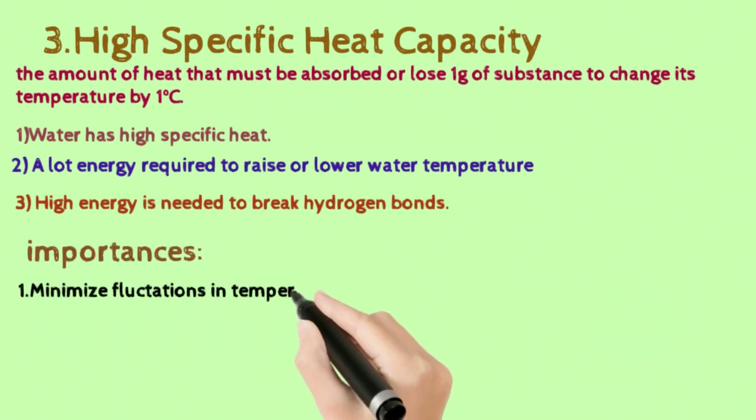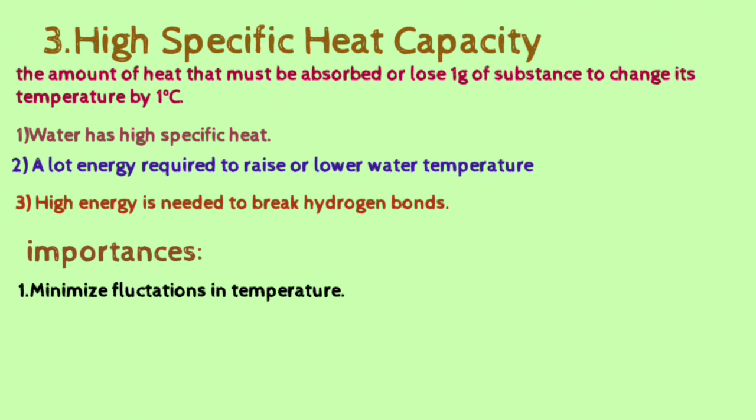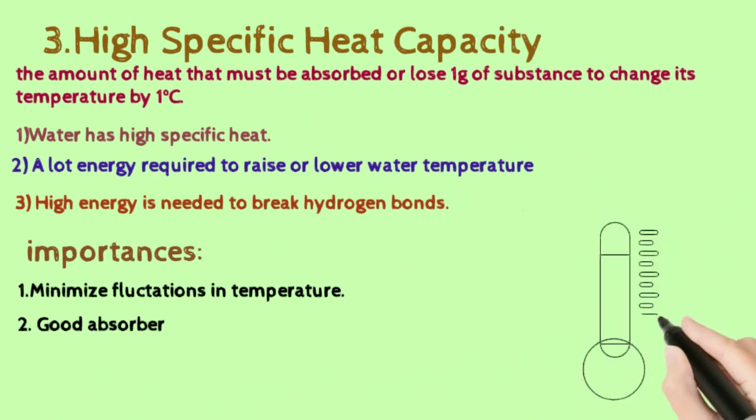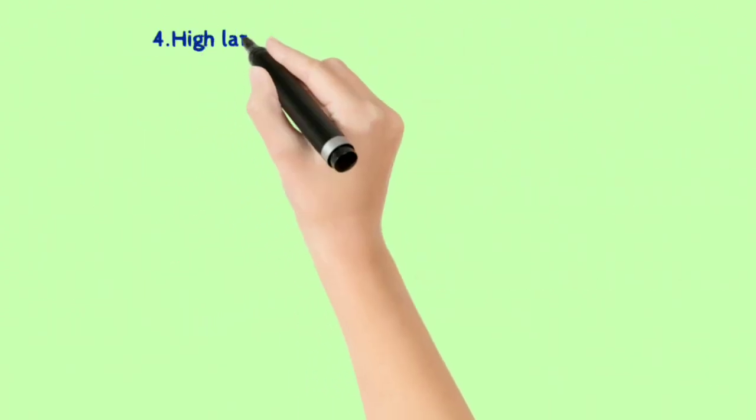The importance is that water is needed to minimize fluctuation in temperature inside cells and of aquatic environments. The second importance is that water is a good heat absorber because a large amount of heat is needed to raise water temperature.